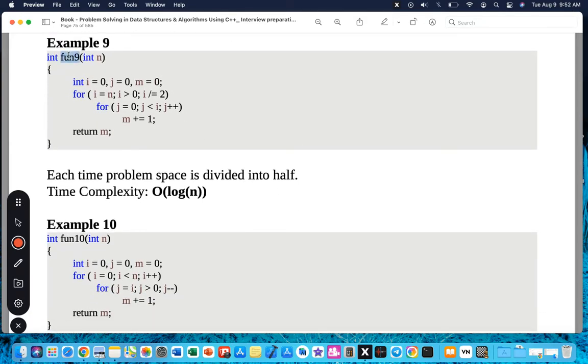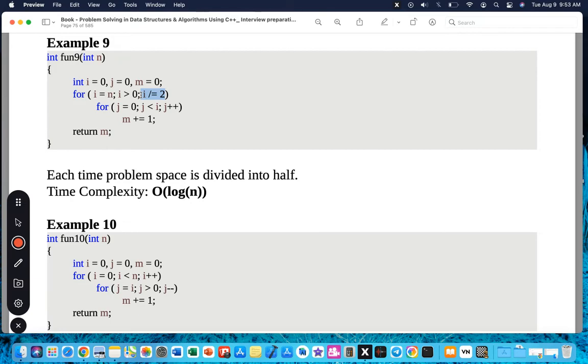Then we have a method called function 9, with the same passing argument, and the time complexity is log n. How do we see that? The two counters i and j, from 0 to i over 2.